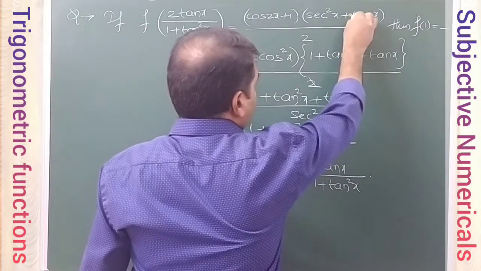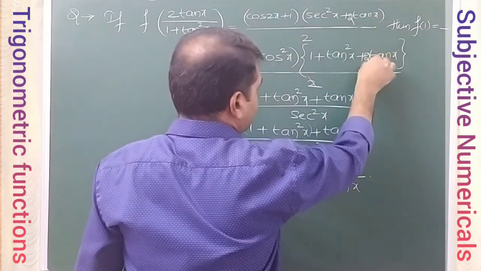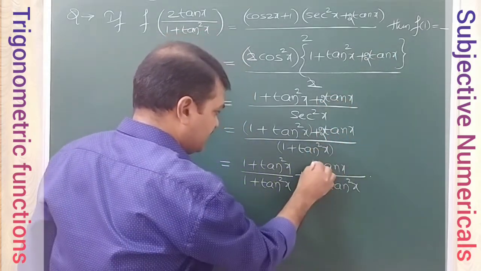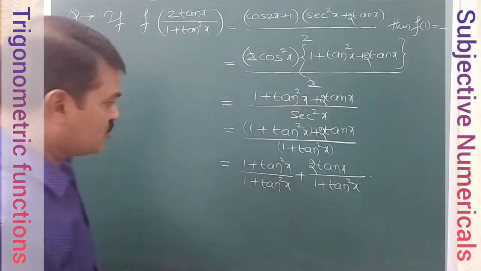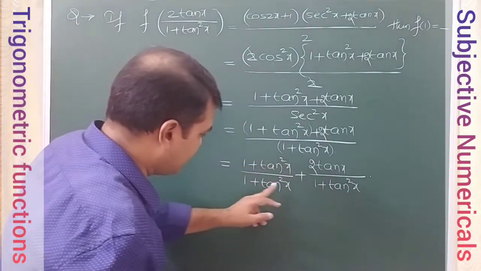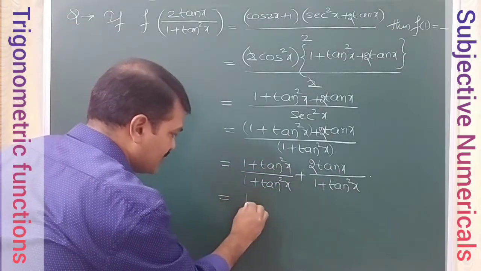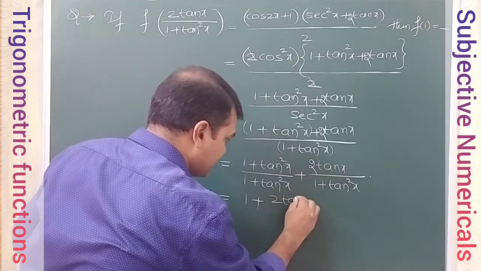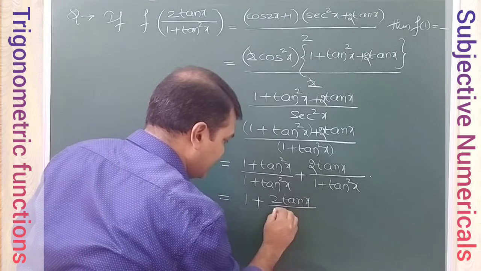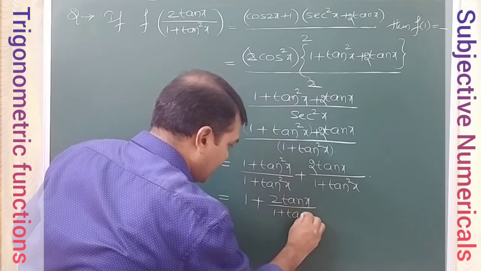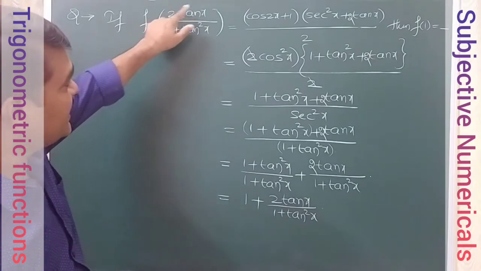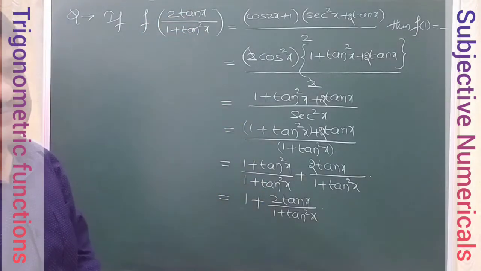This is 2 tan x actually. So (1 plus tan square x) by (1 plus tan square x) is of course 1, plus (2 tan x) by (1 plus tan square x) I am writing as it is. So this is the value of f of (2 tan x by 1 plus tan square x).